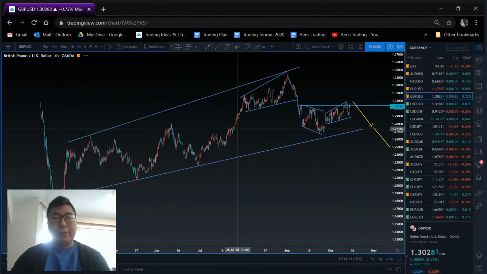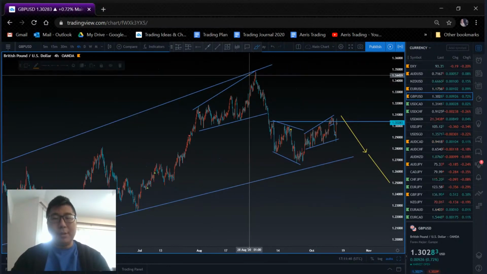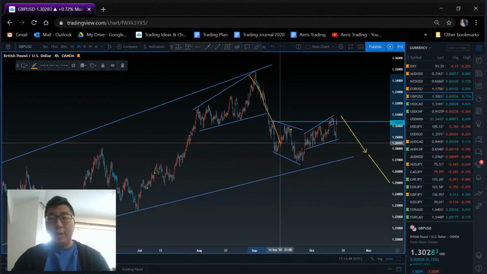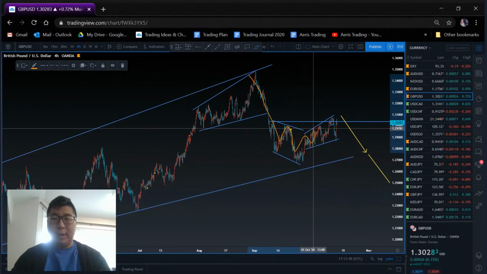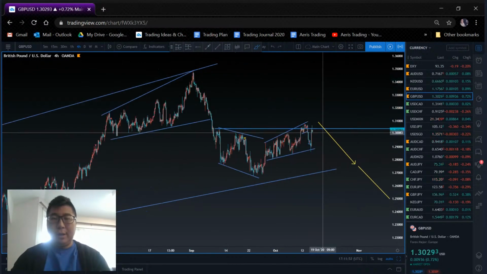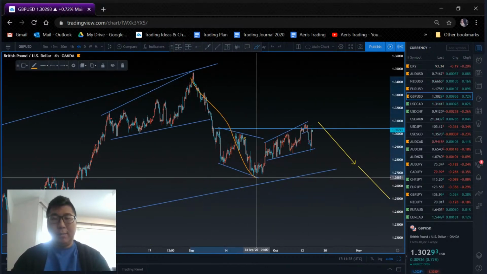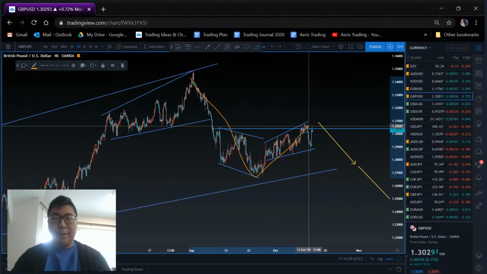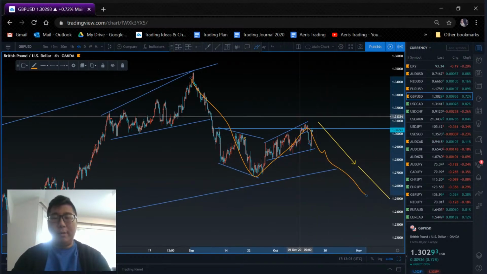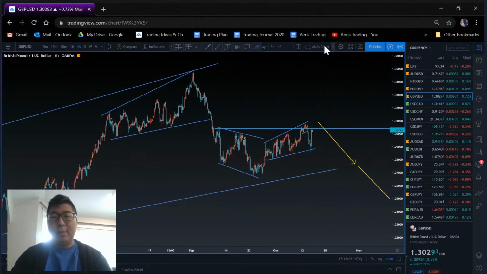Because overall, when we zoom out, I still see this as an impulsive move, and potentially we're just forming a complicated correction. But the last bit of the correction to me is very corrective, it's ascending in nature. This can be just the impulse, and this is the correction period, and then I'm looking for the next impulsive phase.